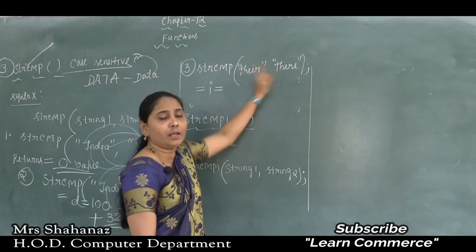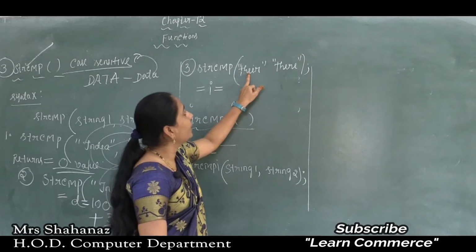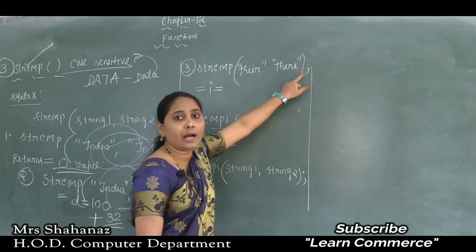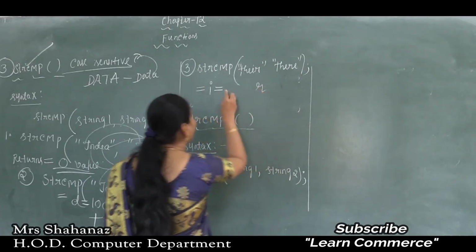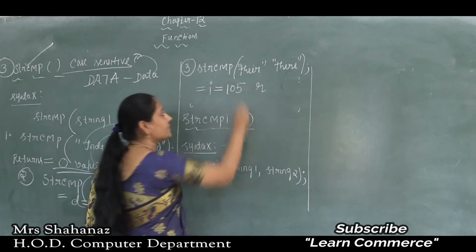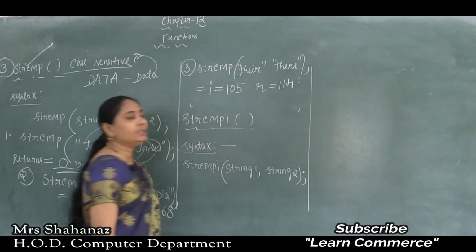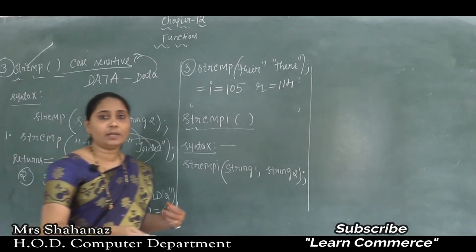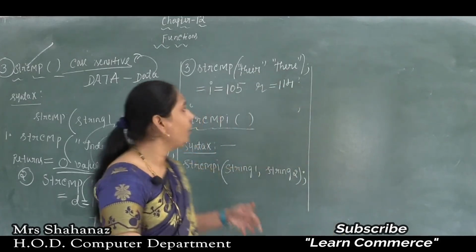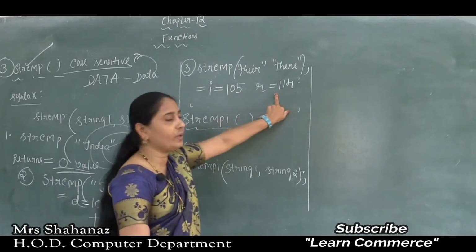T small letter here, T small letter here too. Here H, here H too. Here E, here E too. But where do we find the difference? Only at I and R. So we can say that when you count, the I value is 105 and the R value is 114. Just count the numbers one by one yourself. Clear this one? Now the I value is 105, the R value is 114.